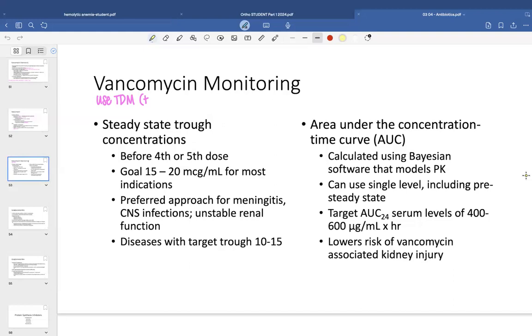Then there are really advanced mathematical calculations in the software that will spit out, okay, this person will get 750 every 12 hours and produce an AUC of 426. And that will be the dosing that is done. So really, a lot of that is done behind the scenes, and you don't necessarily do those calculations.